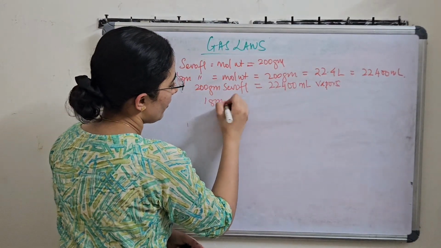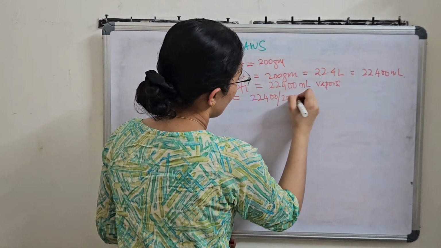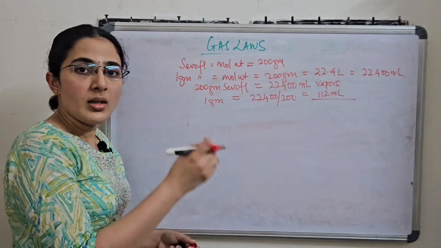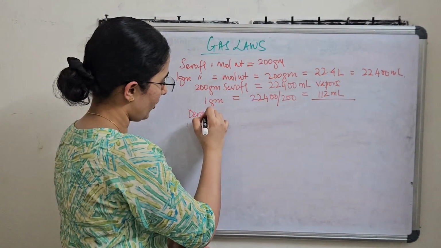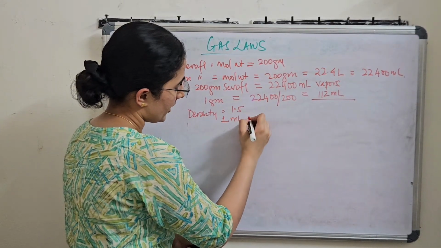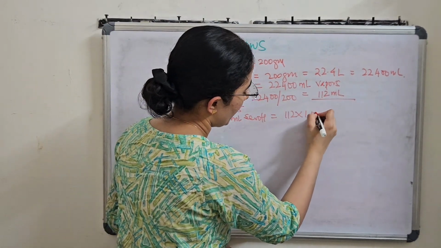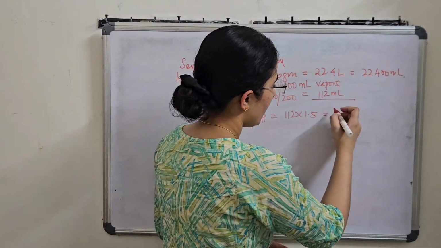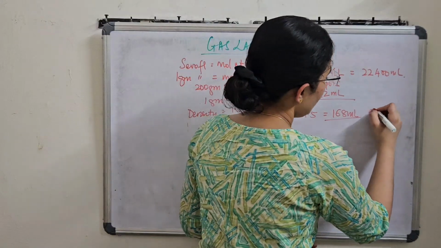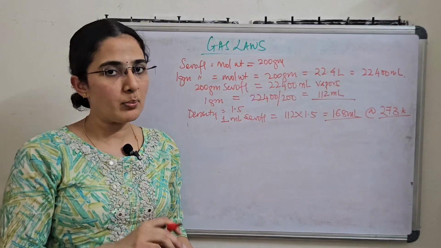So 1 gram of sevoflurane will produce 22,400 divided by 200, which comes to 112 ml. The density of sevoflurane is 1.5. So 1 ml of sevoflurane will produce 112 into 1.5, which comes to approximately 168 ml of vapor at 273 Kelvin or 0 degrees Celsius, which is standard temperature.